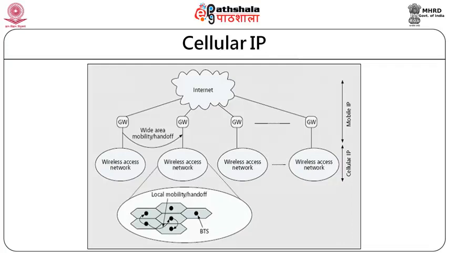So cellular IP can interwork with mobile IP. Here cellular IP is there and now mobile IP is there. We always want them to go hand in hand, cellular IP and mobile IP, to support wide area mobility. That is possible with the help of mobile IP.